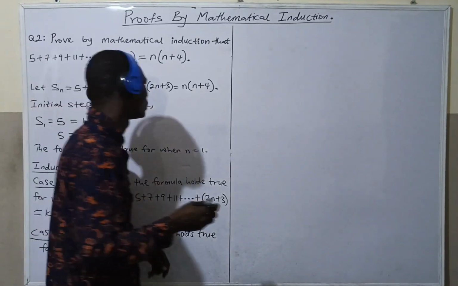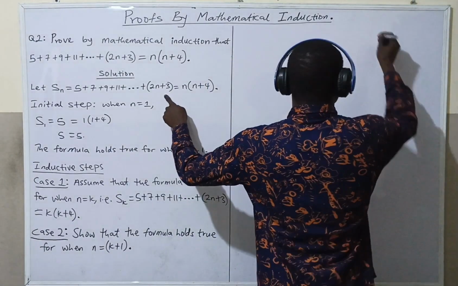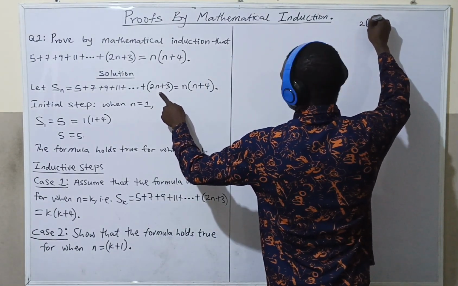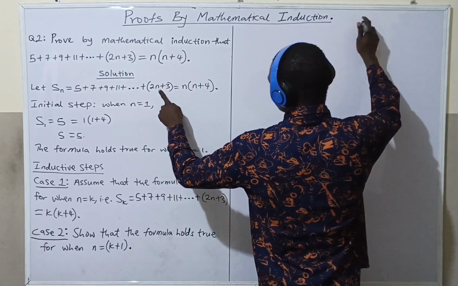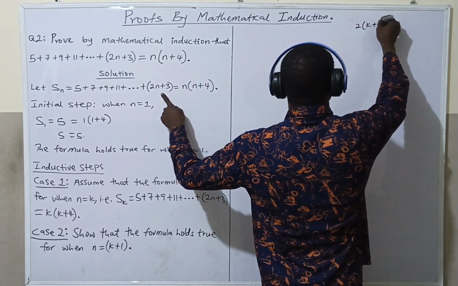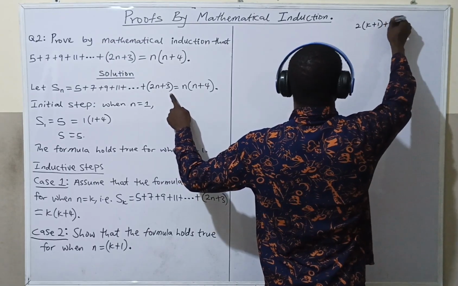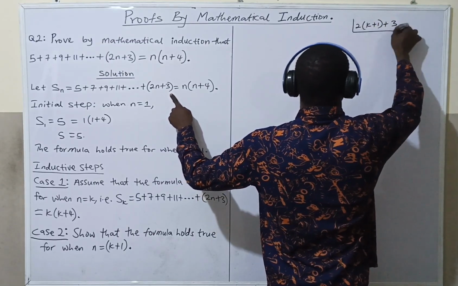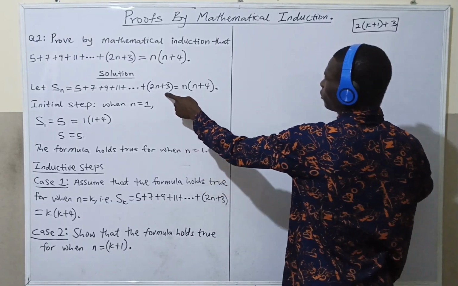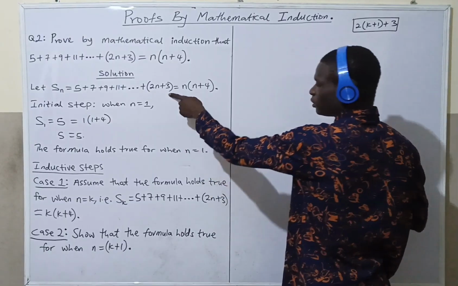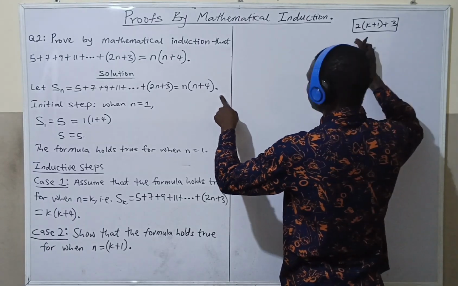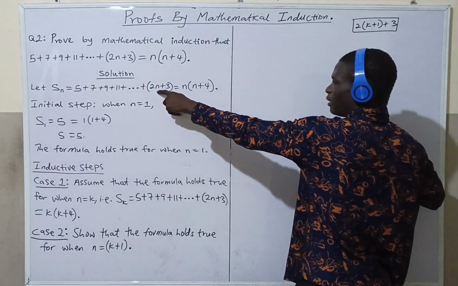So that's going to be equals to 2 bracket open k plus 1 and then plus 3. This is what we are going to add to the first side and going to add to the second side, because this is one step forward because of n equals to k plus 1.